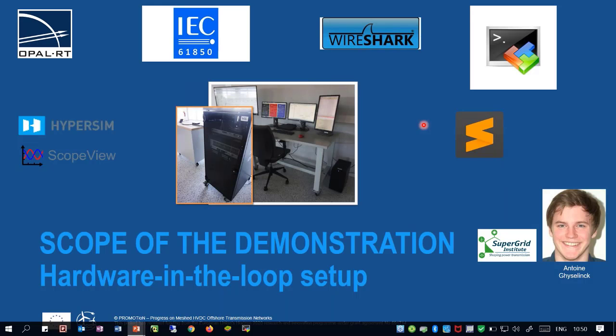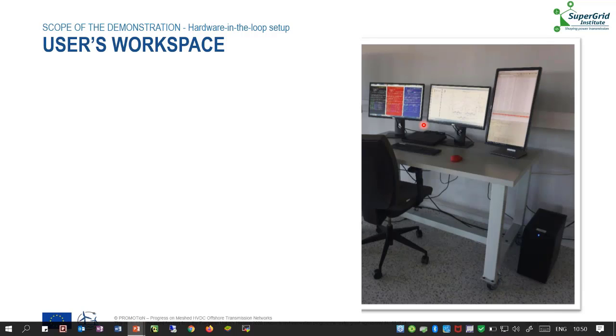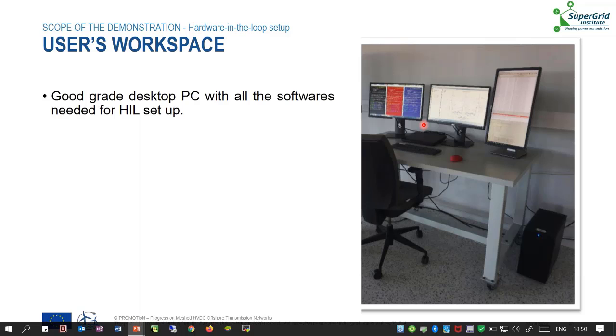Okay, to begin with, I am going to present all the elements, both hardware and software, we implemented in order to run the hardware in the loop test. We will divide this section into a hardware and a software part, and begin with the hardware section. So first of all, let's talk about the user's workspace.